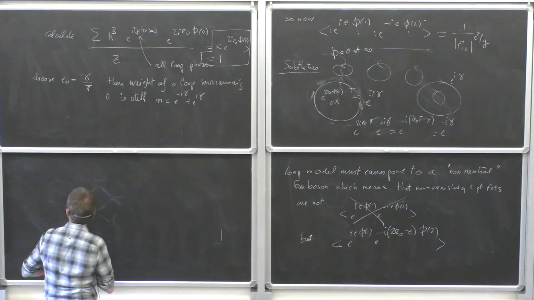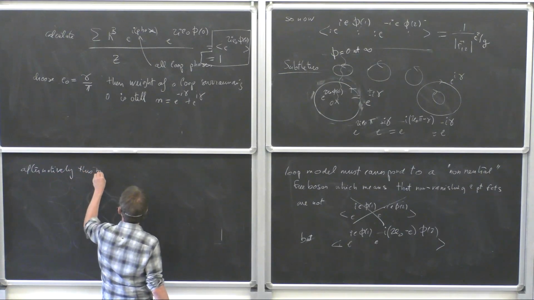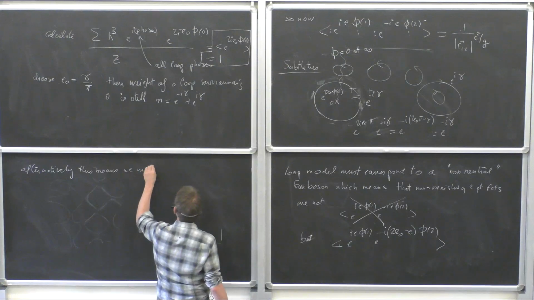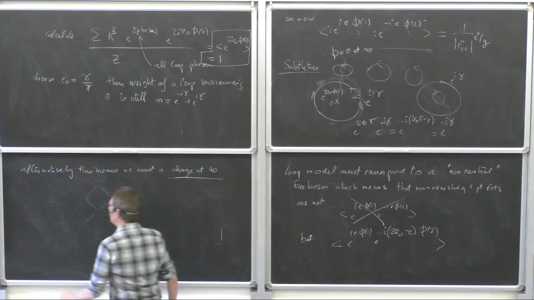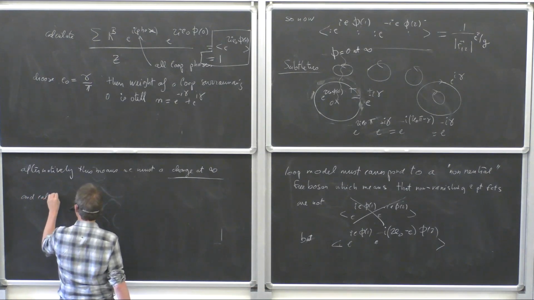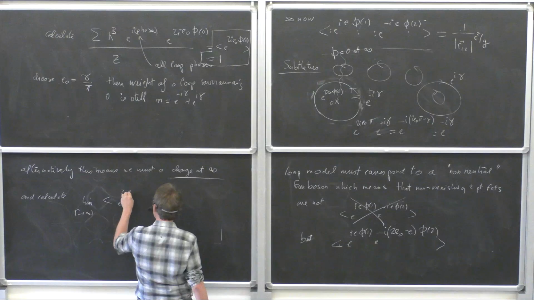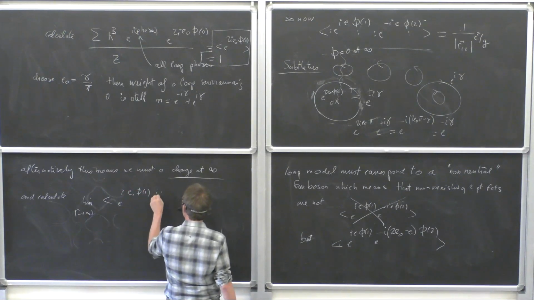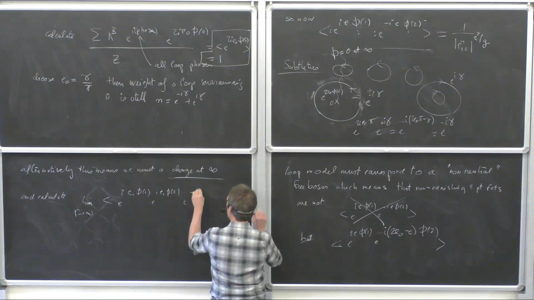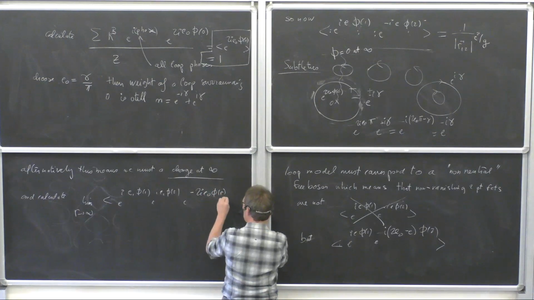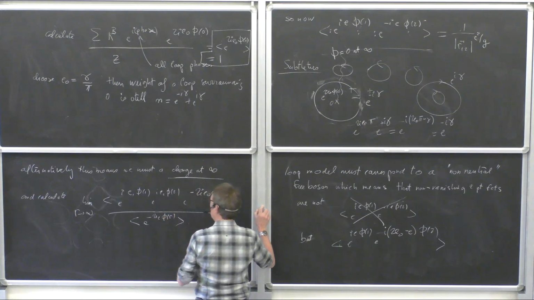So what this means, alternatively, is we must put what's called a charge at infinity and calculate the limit as r goes to infinity of e to the i e1 phi of 1, e to the i e2 phi of 2, e to the minus 2i e naught phi of r, over the average of e to the minus 2i e naught phi of r, something like this.